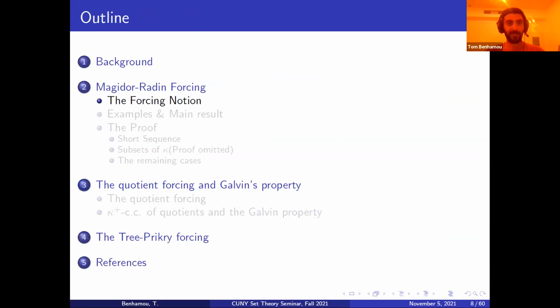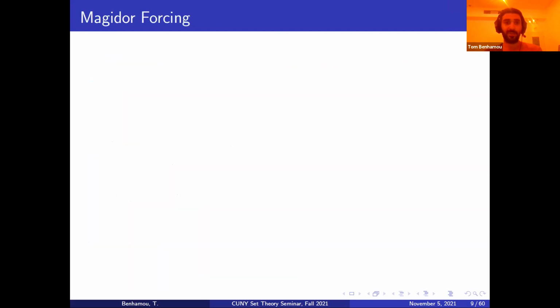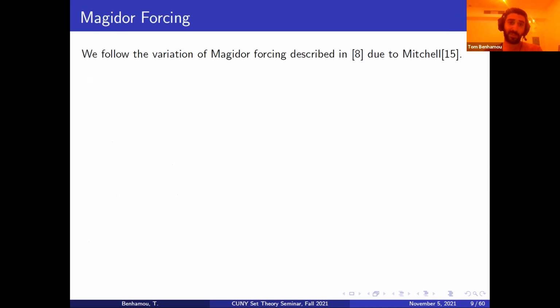Okay. Let us now present the forcing notion, the Magidor forcing version that we are working with. We follow the Magidor forcing description from the Handbook, the Prikry-type forcing chapter, which is originally due to Mitchell.